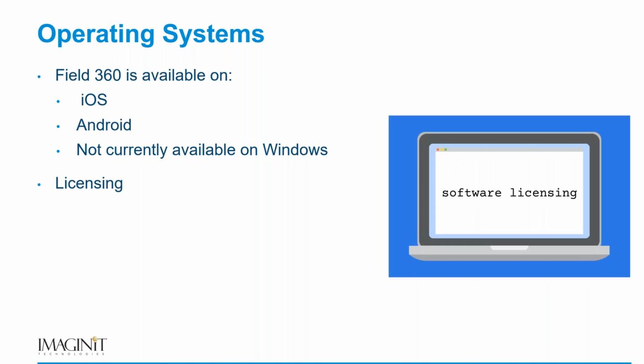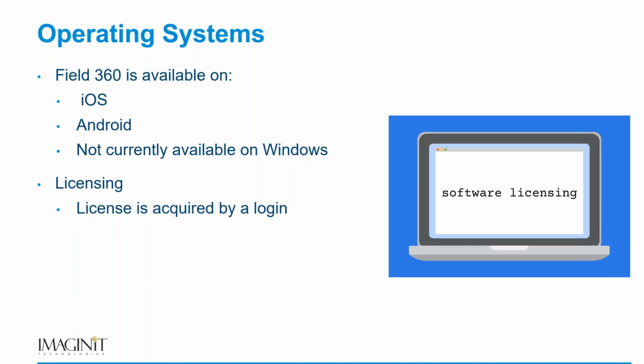All right. So when we talk about the iOS devices or the Android devices, we often want to talk about licensing, and how do we purchase that license of Field 360, and how do we use that license on a mobile device? So first thing, the license is acquired by logging into the app.